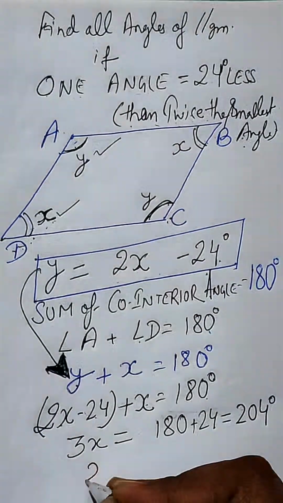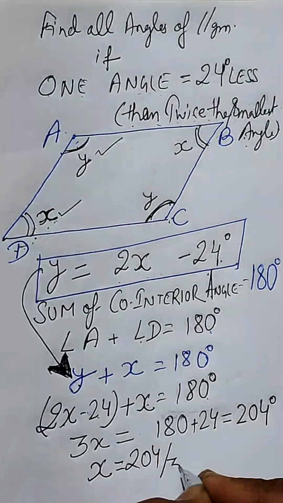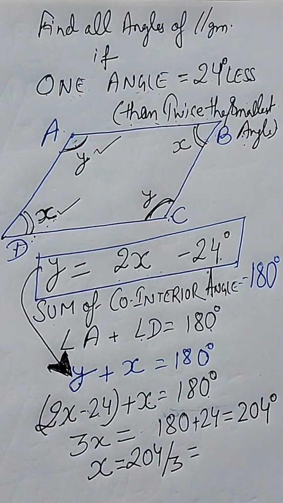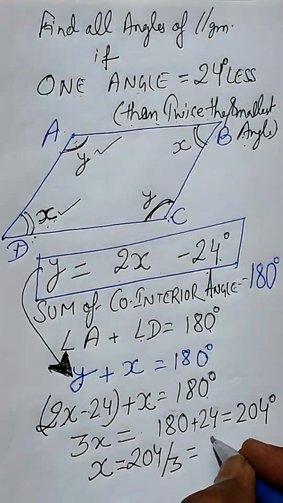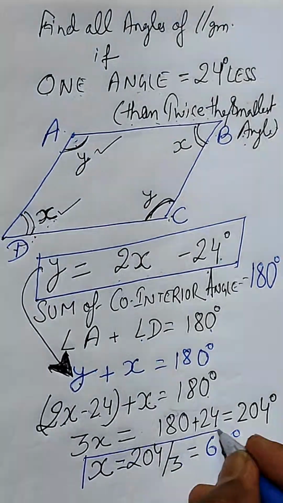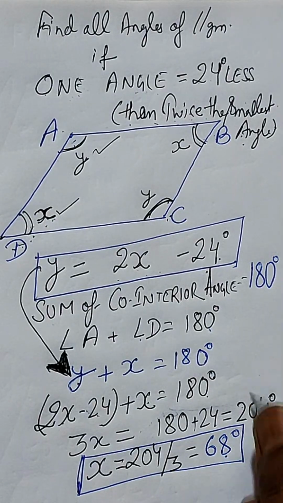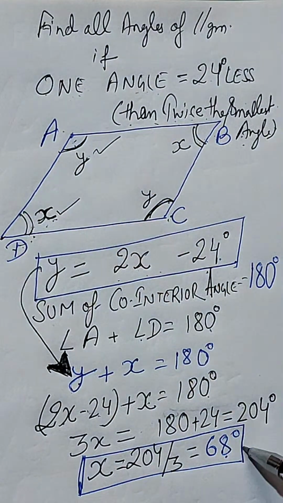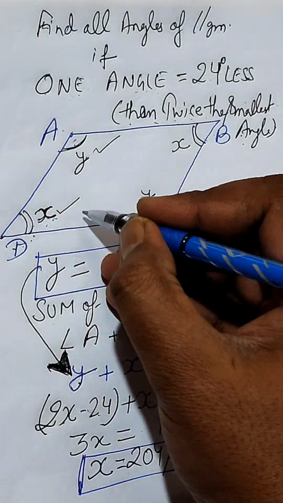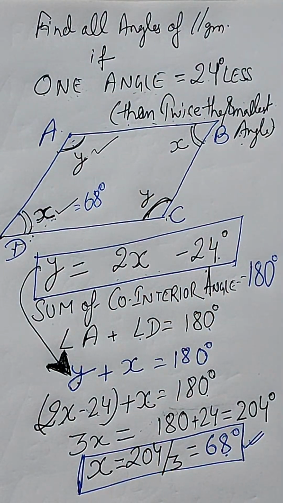This will give you the value of x as 204 by 3. That means the value of x is coming as 68 degrees. So one of the angles, the first variable on which the second variable was dependent, that is x, its value is calculated as 68 degrees, right?